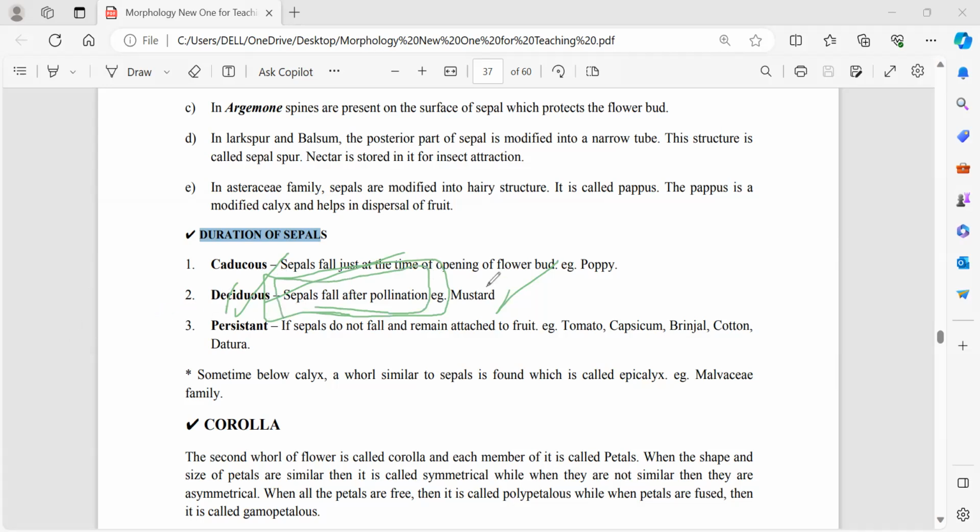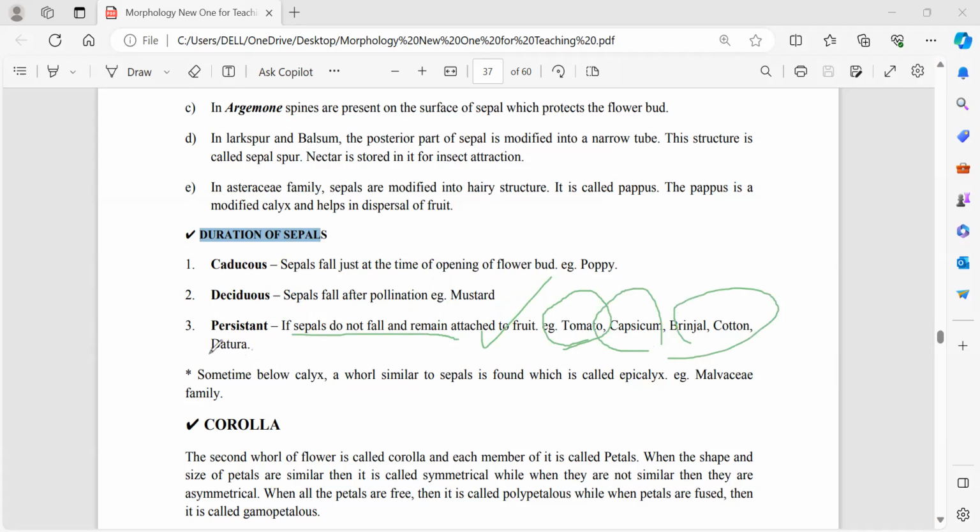For example, mustard. We have now persistent sepals. This is the extreme condition. That is, if sepals do not fall at all and they remain attached to the fruit. For example, मैंने अभी example दी थी टोमेटो में, कैप्सिकम में, ब्रिंजल, कॉटन, दातूरा.